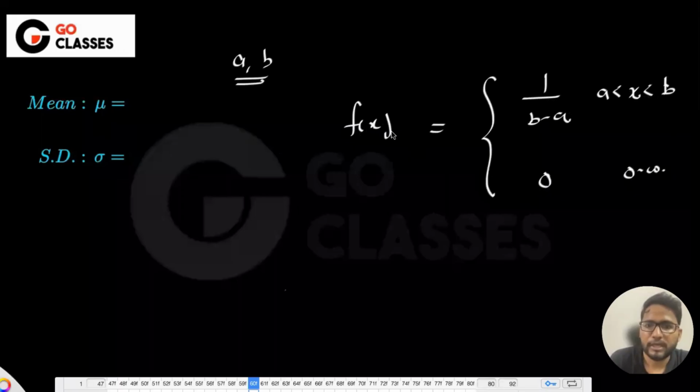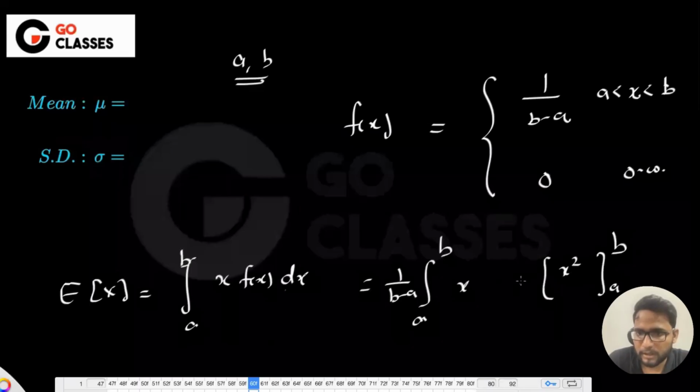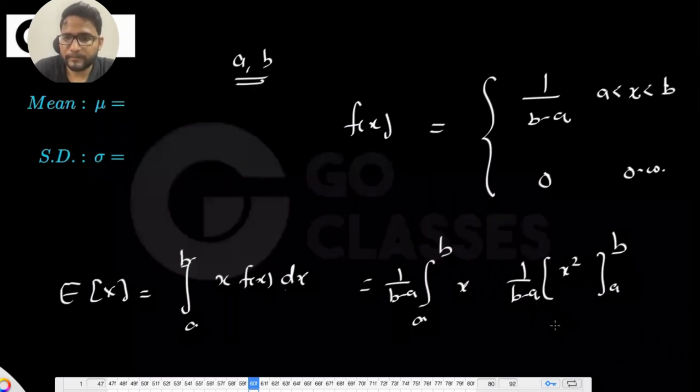Expectation of X is the integral of x fx dx, and in this case it is from A to B of 1 upon B minus A times x, which is actually x square by 2 from A to B, and then 1 upon B minus A. If you calculate it, it will be B square minus A square upon B minus A, with the 2 remaining somewhere.